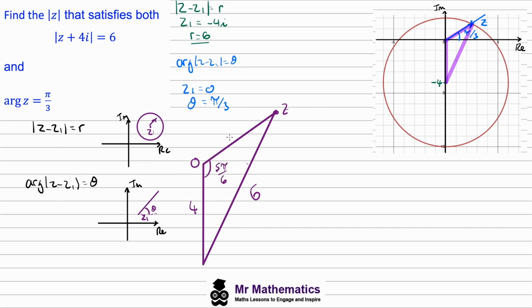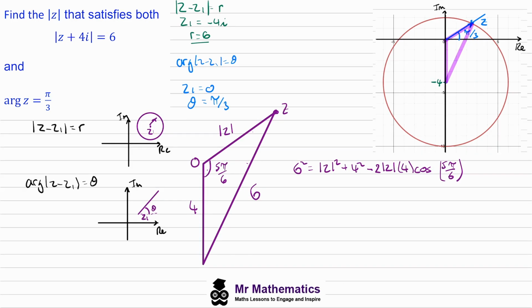So now to work out this magnitude, we can use the cosine rule. We know the opposite side, 6, squared, will equal the magnitude of z squared plus 4 squared minus 2 lots of the magnitude of z multiplied by 4 cos 5 pi over 6.